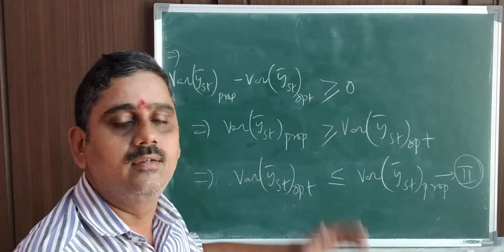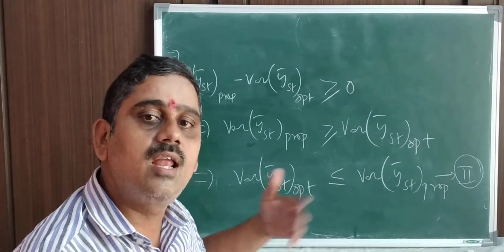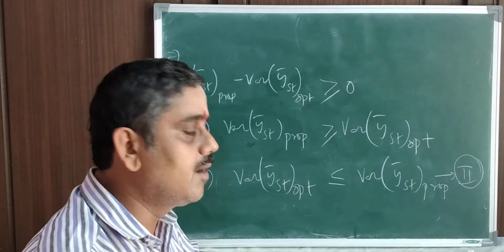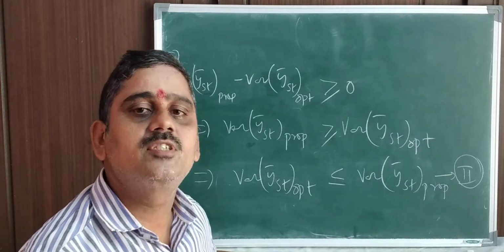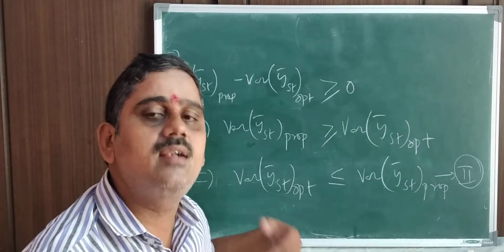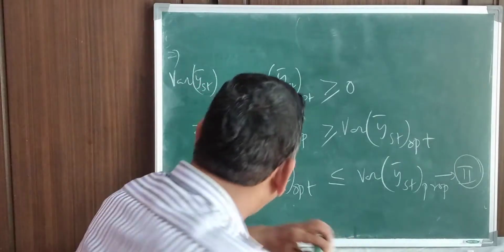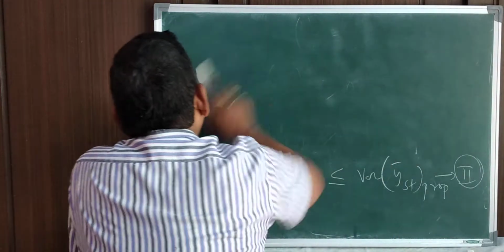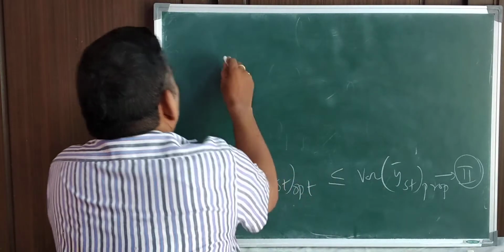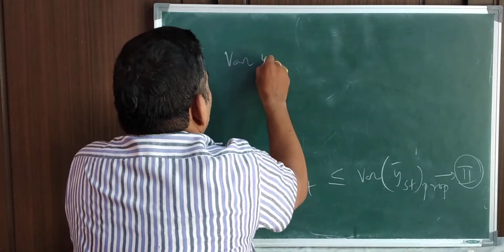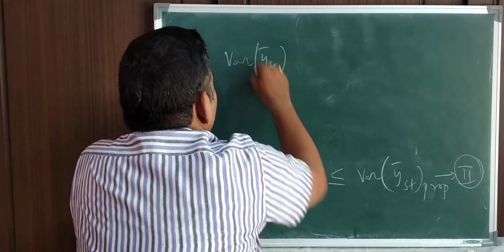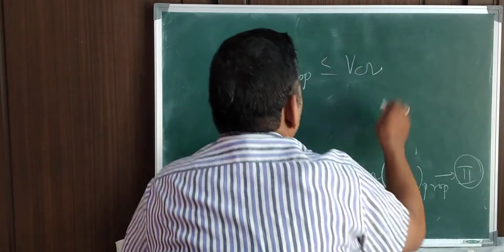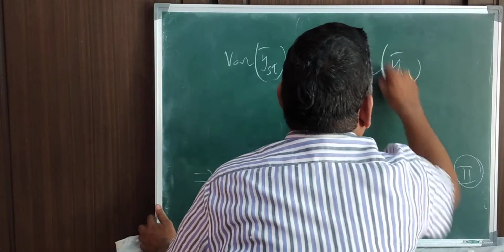Now we recollect one result we have established in the previous class, between simple random sampling and proportional allocation, which I write here as well. We have called that Roman number 1, so here Roman number 2. Variance of y bar st proportional allocation is always less than or equal to variance of y bar random.